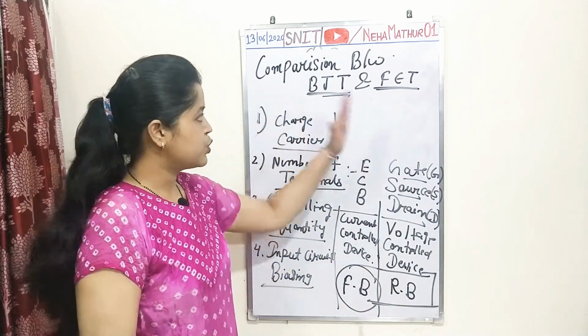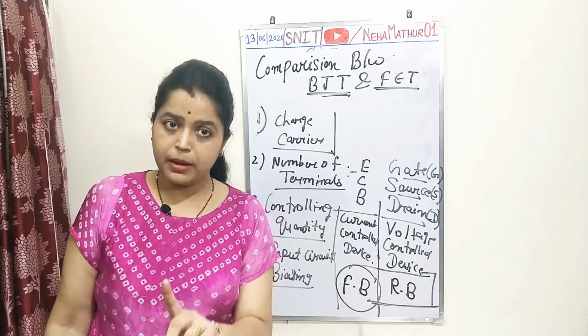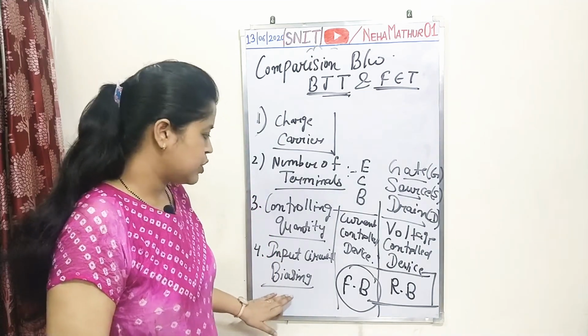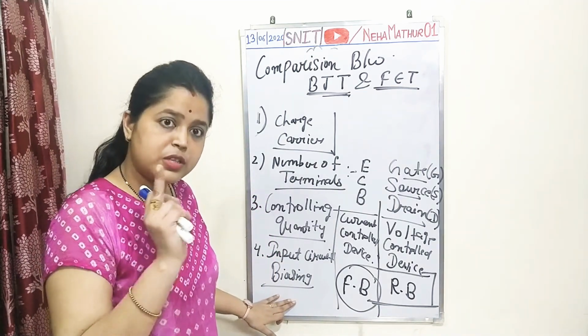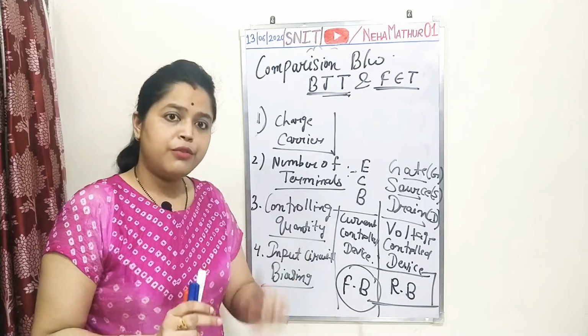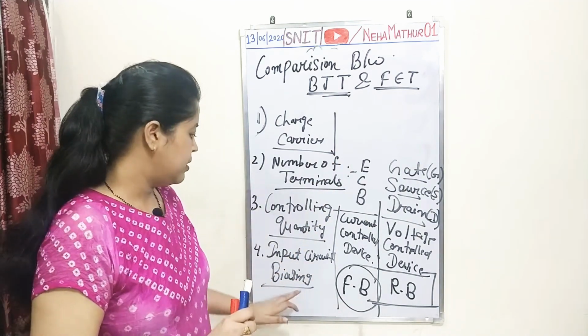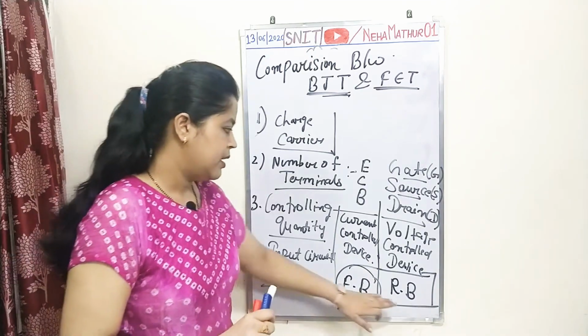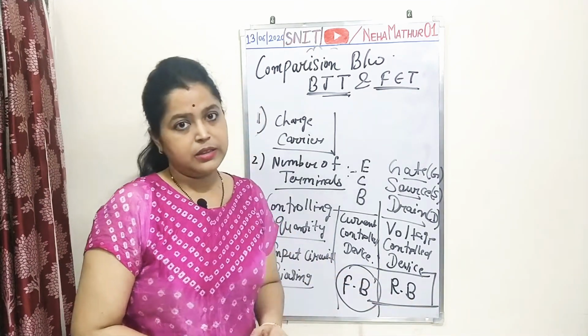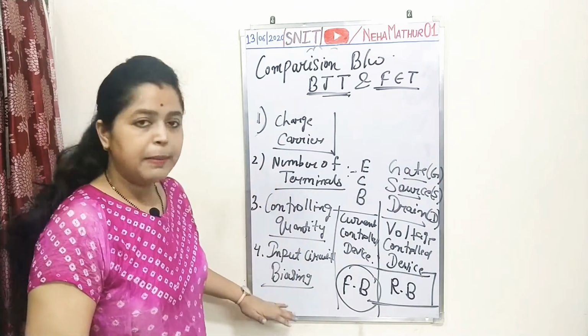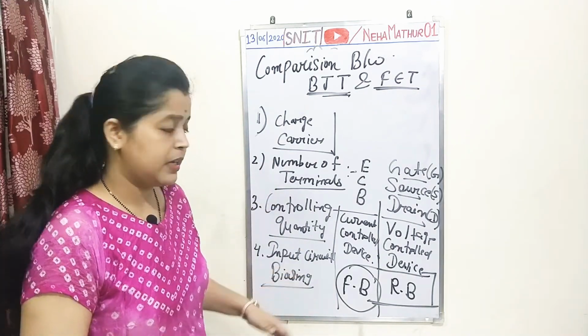But just for comparison, always remember that your transistor is biased at the input circuit using forward biasing, while your FET circuit makes its input biasing using reverse biasing. This is about the fourth parameter, which is input circuit biasing.